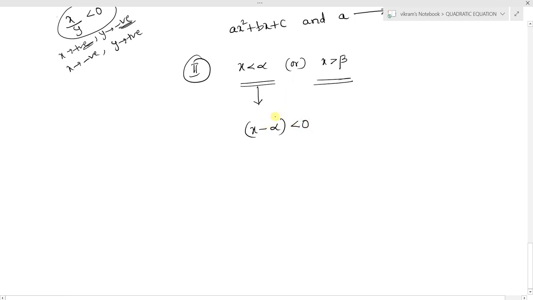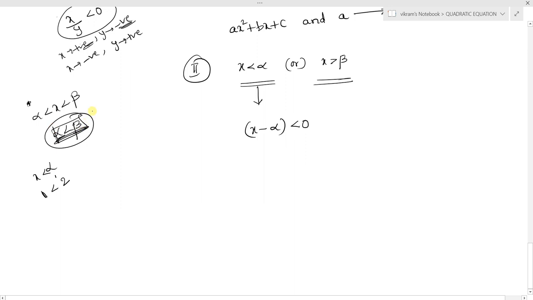But before the case itself, we considered alpha less than x less than beta, obviously alpha less than beta. So for example, if x is less than alpha, the case I am considering is x equals 1 and alpha equals 2, and the case is alpha less than beta.